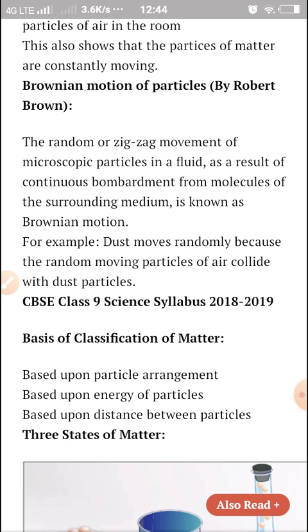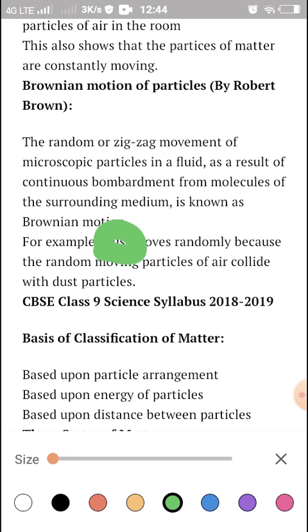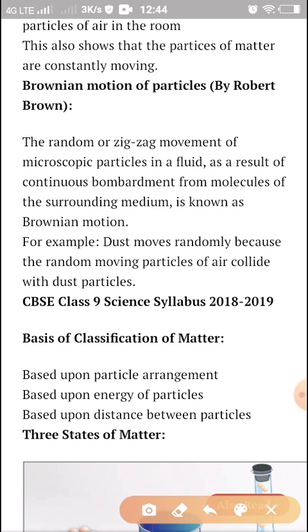Maybe she doesn't know the reason, but we should know that the dust particles would collide with the air particles, and then they would spread to every corner of the room, even on the bed.